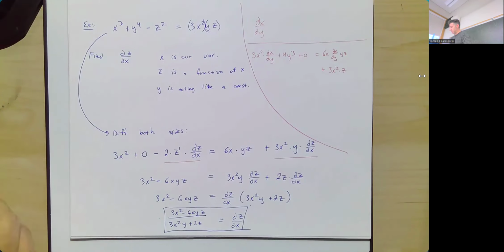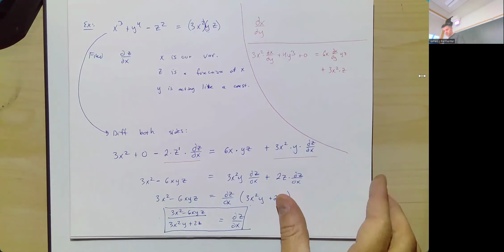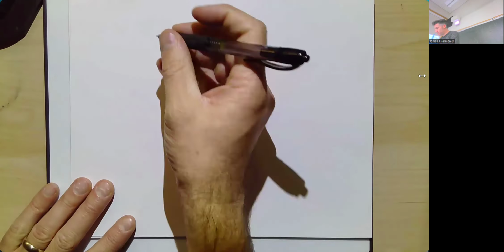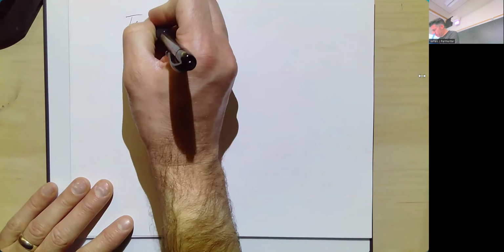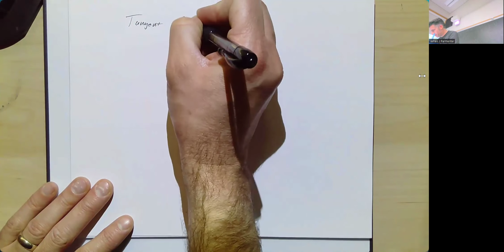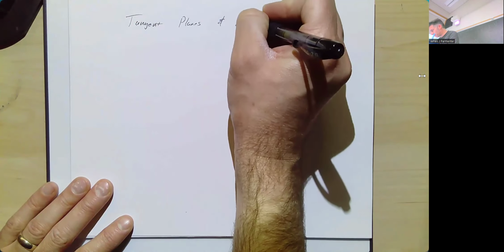All right, let's talk about tangent planes and linearizations, which often are the same thing, but they're not exactly the same thing. We'll talk about why they're not the same thing. Tangent planes and linearizations.